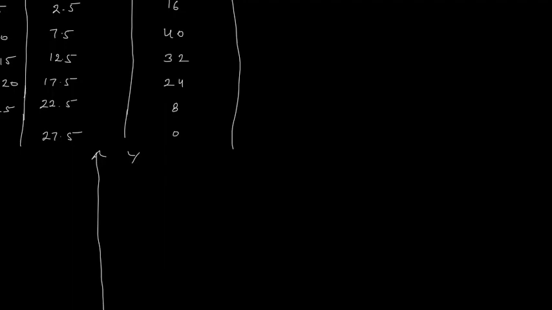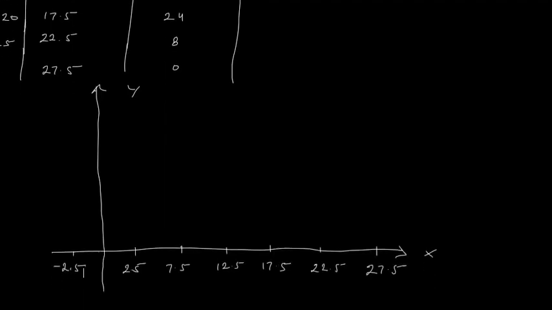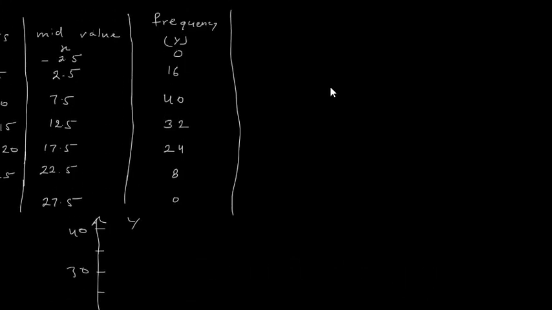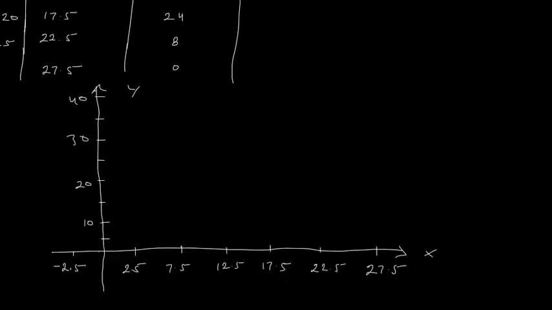With a gap of 5 we can mark 5, 10, 15, 20, 25, 30, 35, 40. Now for minus 2.5, one point is here. We start from here, and the last point will also be 0.